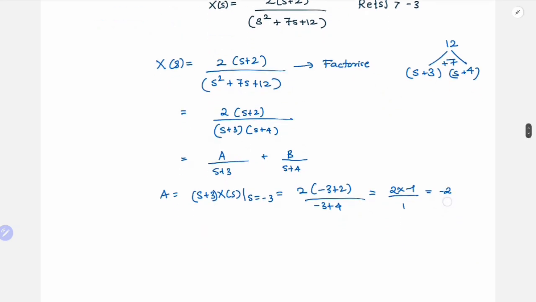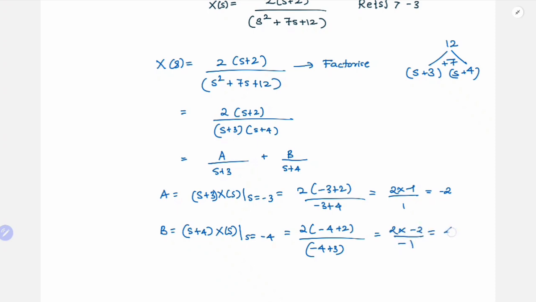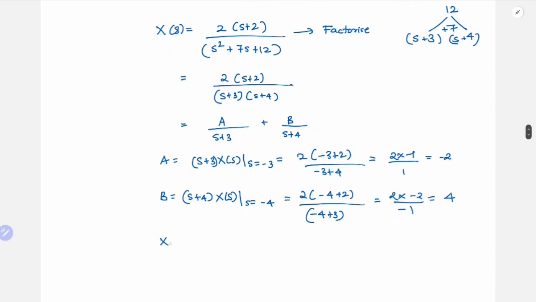So it is minus 2. And B is nothing but s plus 4 into X of s at s equal to minus 4, which gives us 2 into minus 4 plus 2 by minus 4 plus 3. So this is 2 into minus 2 by minus 1, which gives us 4. So my X of s is nothing but minus 2 by s plus 3 plus 4 by s plus 4.